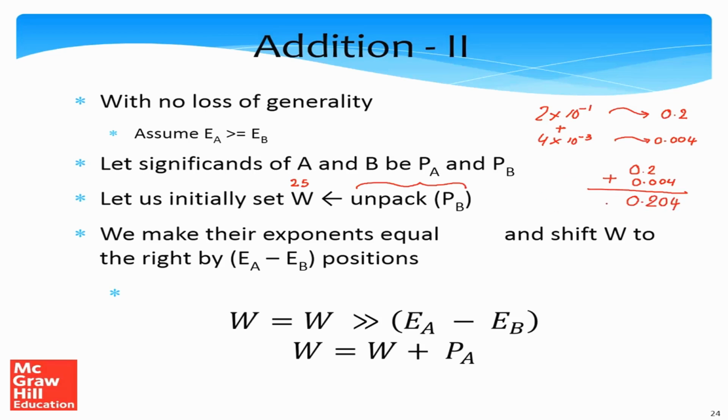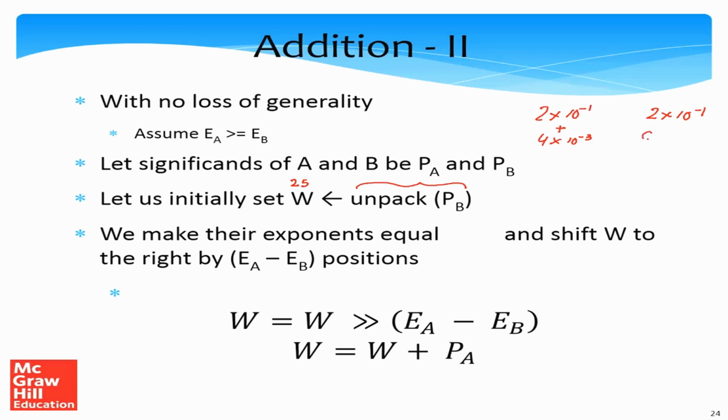So there's also another way of looking at this. In this case, the exponent of this, minus 1, is greater than minus 3. So instead what I can do is write this as 2 times 10 to the power minus 1. No problem with that. However, this can be written in a different way.